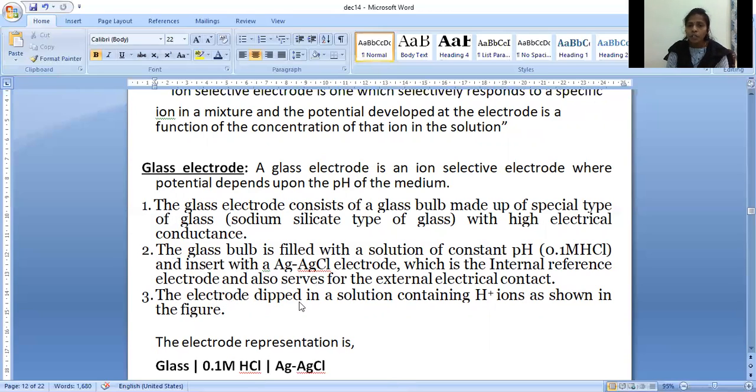And the electrode is dipped in a solution containing H plus ions as shown in the figure, that is, the silver chloride electrode is dipped in the hydrochloric acid solution.